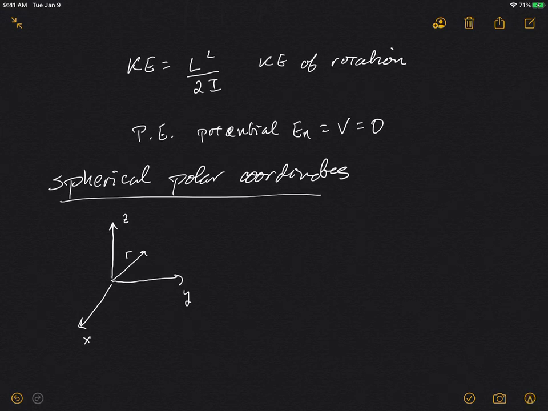We can project this vector onto the xy plane, and the angle between the x-axis and the projection onto the xy plane, we'll call that phi, and the angle with respect to the z-axis, we'll call that theta.